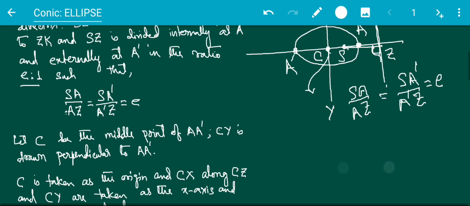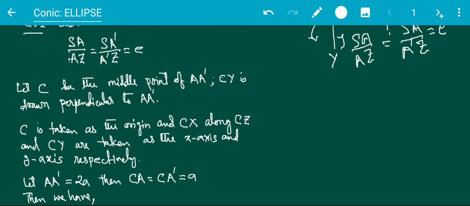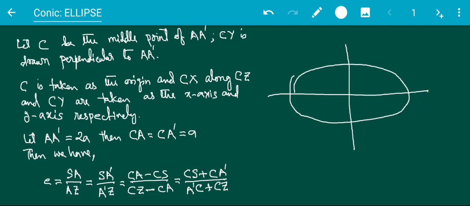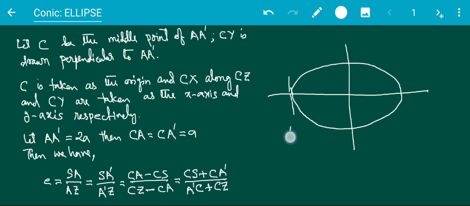So basically this line is the x-axis and this line is the y-axis. Now A A dash is equal to twice a. I'm very poor at making this picture. So this is A dash and this is A, and this length is twice a.